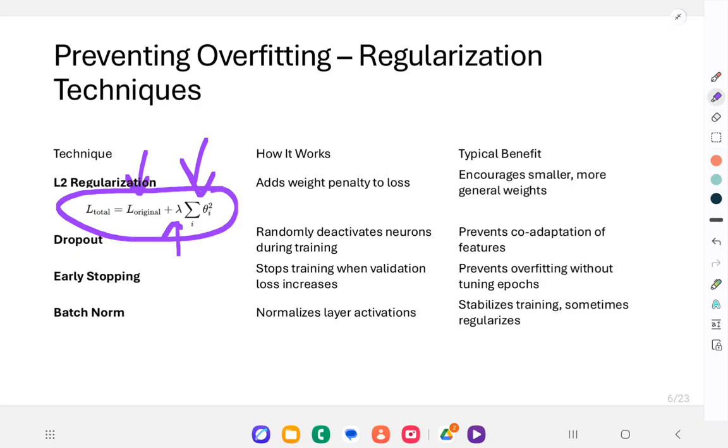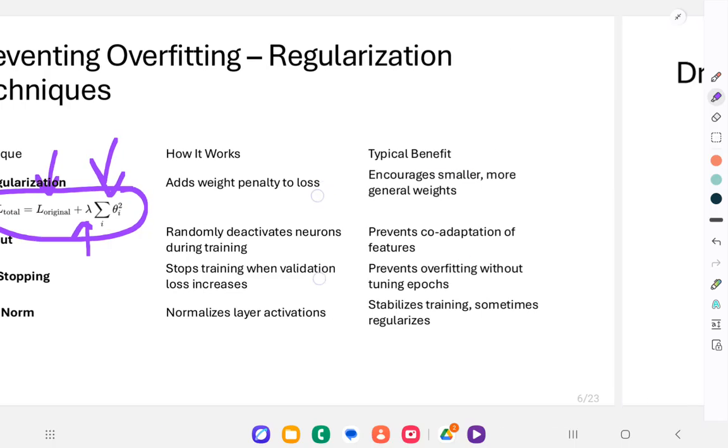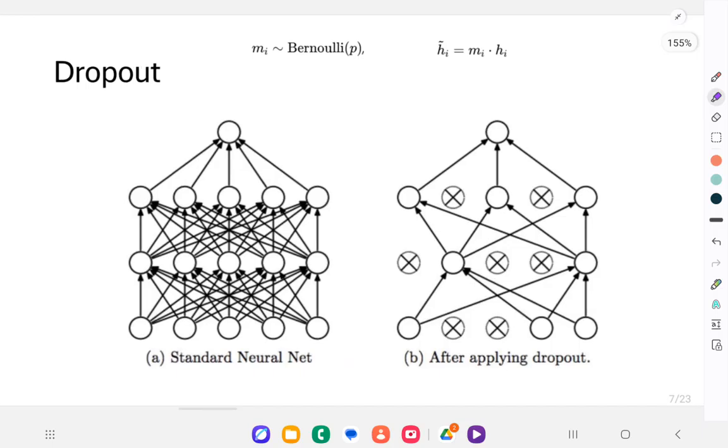The other method of regularization is dropout. Dropout is one of the most effective and widely used regularization techniques in deep learning. It's very simple. During training, we randomly deactivate a percentage of neurons in each layer.